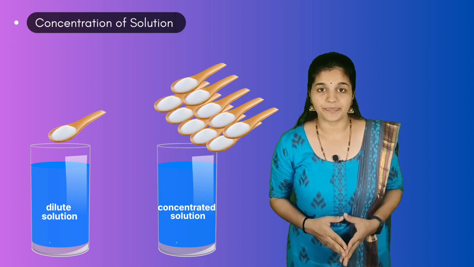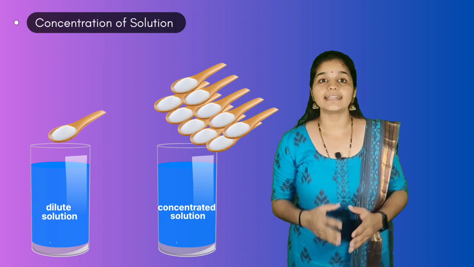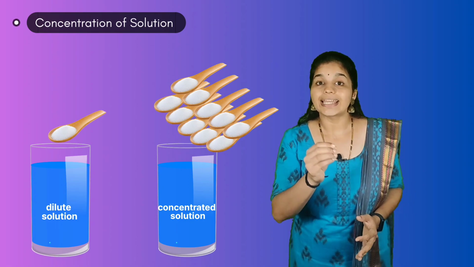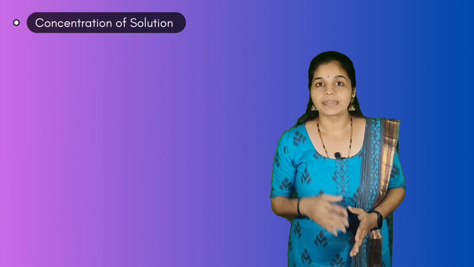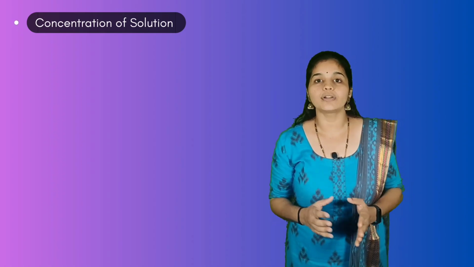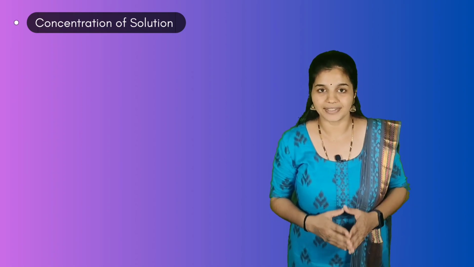Basically, these terms, that is concentrated or dilute solution, give us an idea about the composition of the components present in a solution in terms of concentration of the solution. If I tell the solution is concentrated or dilute, I am not telling about the exact quantity of components present in it, isn't it?